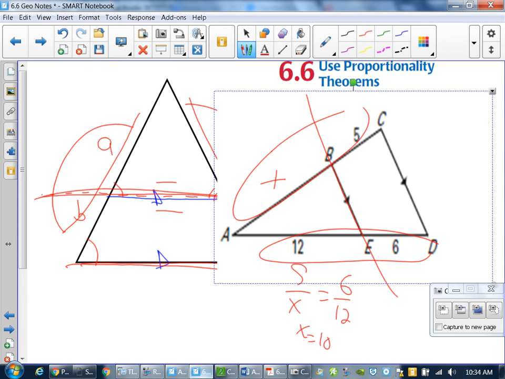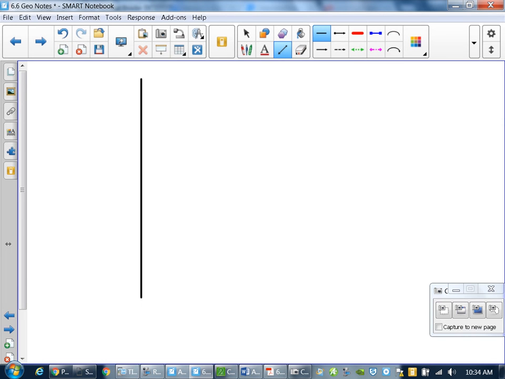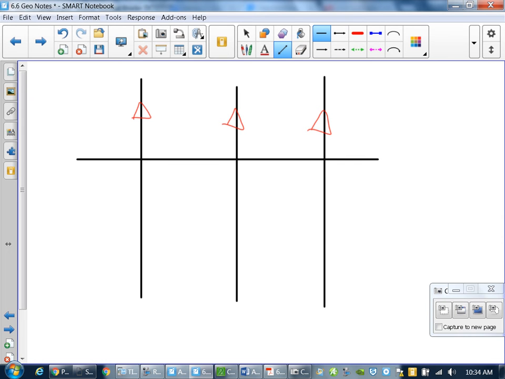There's another one that we do. Sometimes you have more than one parallel line. Sometimes you have 3 parallel lines. If you have 3 parallel lines, you might actually get 2 transversals.